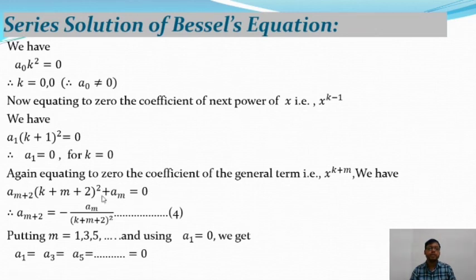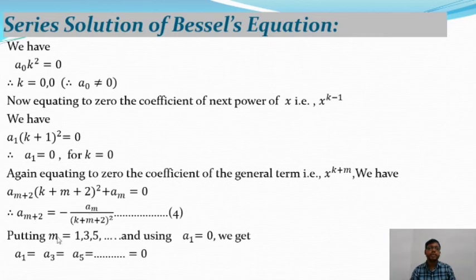And after simplifying this equation, we will get the value of a(m plus 2), and it will be minus a m by (k plus m plus 2) whole square. Okay, and we can write it as equation number 4. And this relation or equation is called the recurrence relation of the given Bessel's equation or the ordinary differential equation.